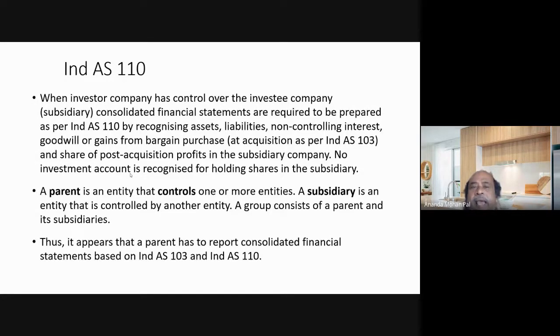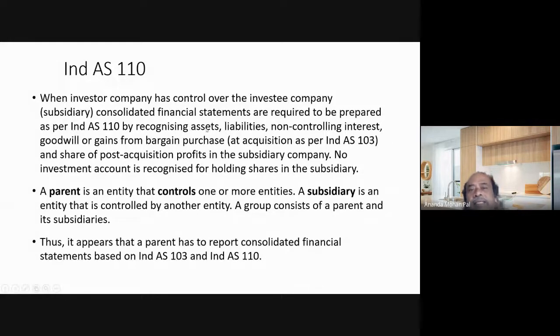So you see, at the acquisition date, as per Ind AS 103, we have to recognize the assets, liabilities, non-controlling interest, goodwill or gains from bargain purchase, etc. And share of post-acquisition profits in the subsidiary company would be added thereafter. Now I am mentioning again that particular sentence, as my explanation was not fully clear to you.